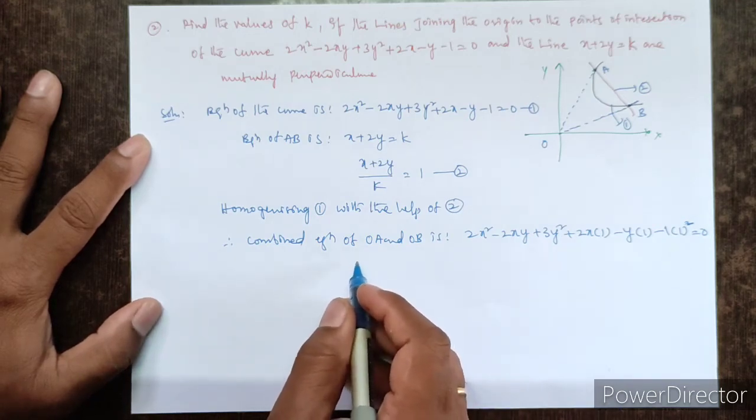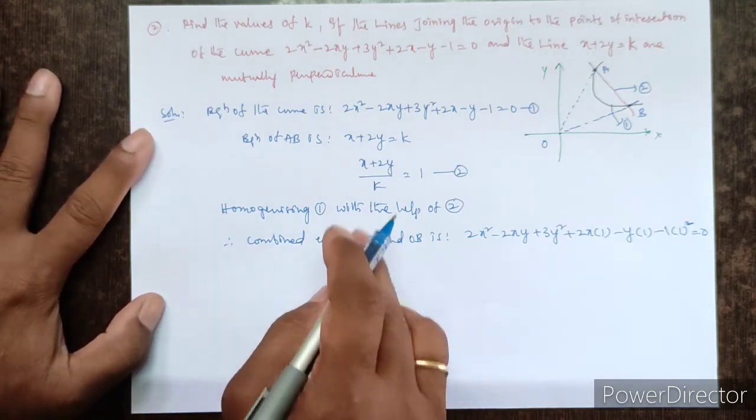Just you can put the value where it is 1, x plus 2y by k.